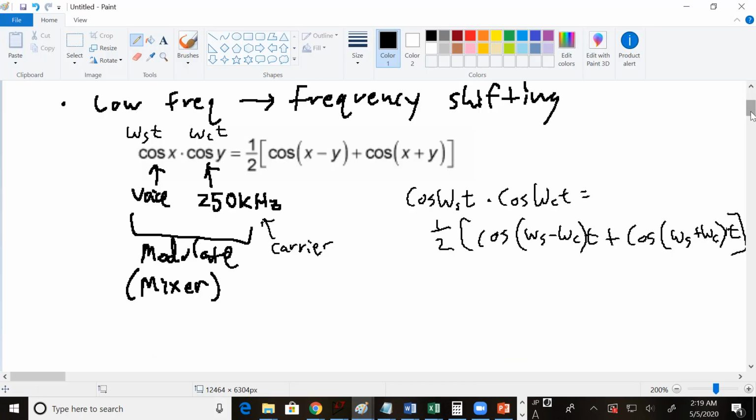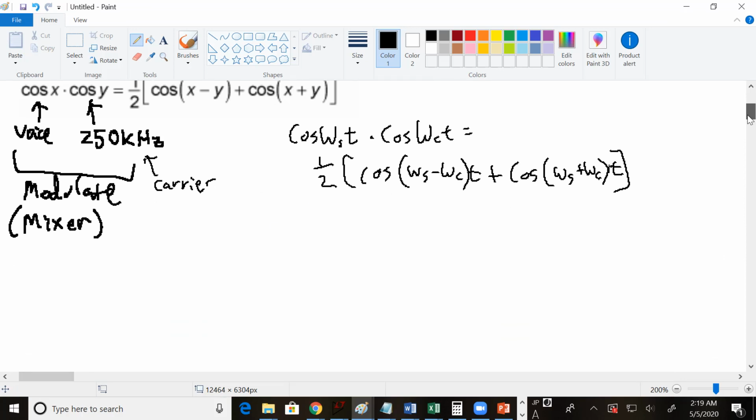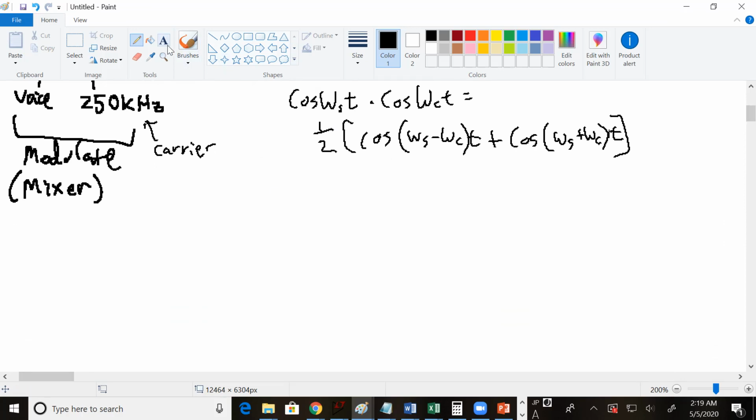So this is the signal that we've transmitted right here, and we get this on the receive side. This is the transmit side, that's what comes out of the transmitter.